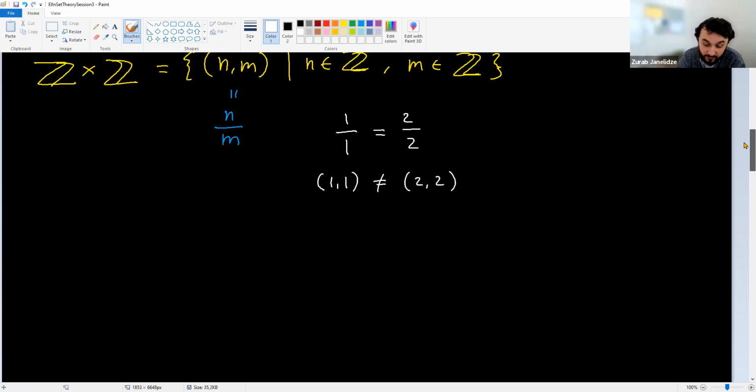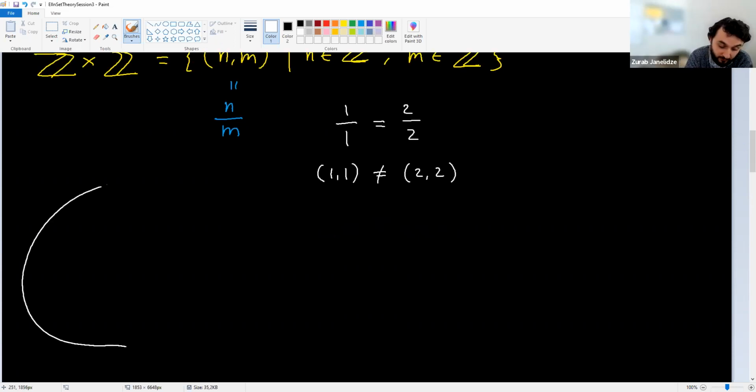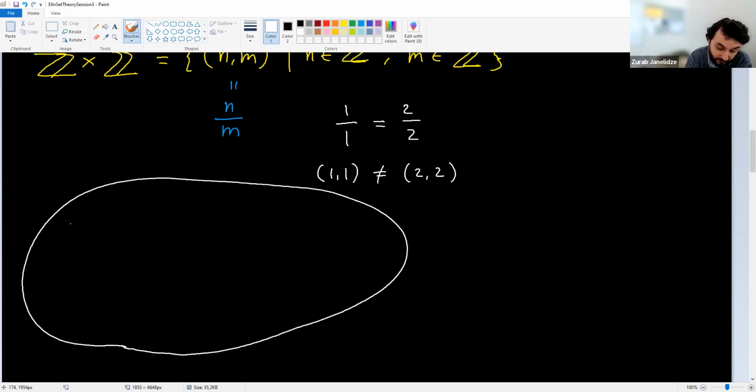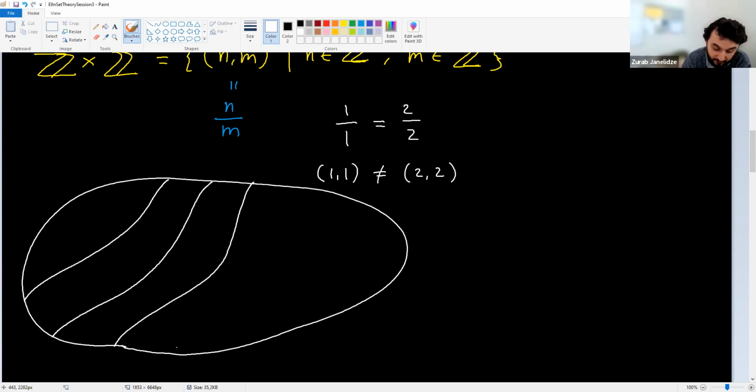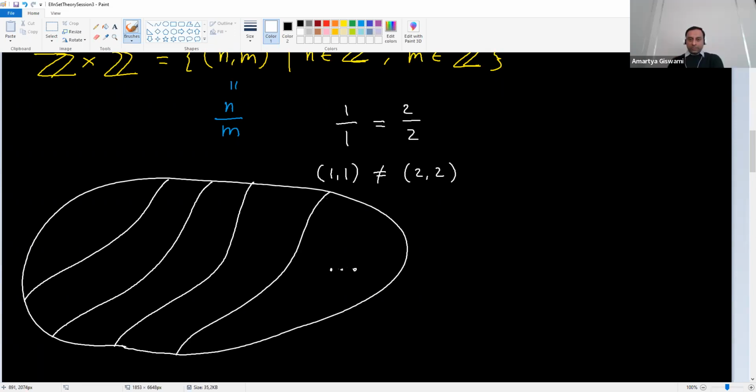So what we have to do is collect the set of all such ordered pairs and group them together, like we did in the very first picture, where each grouping will contain those pairs which represent the same fraction. Of course, there will be infinitely many such groupings.